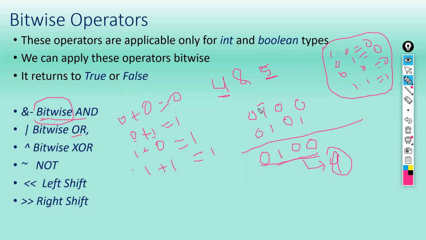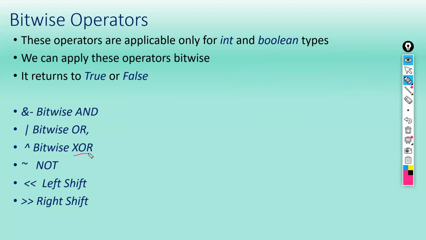For AND operation, 2 values must be true if they want to be true. So bitwise XOR means the inputs must be different. Let's take again 4 and 5, the symbol is like a cap. 0, 1, 0, 0, and 0, 1, 0, 1.